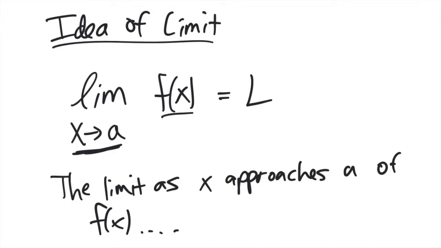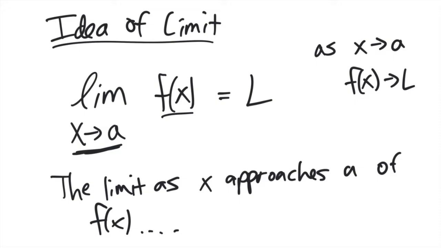Here's another way to think about this. It says that as x gets close to a, what does f of x get close to? And in this case, we're just calling that number L. So if you want to use these arrow notations to talk about getting close to or approaching a specific value, you could say x gets close to a, f of x gets close to L.